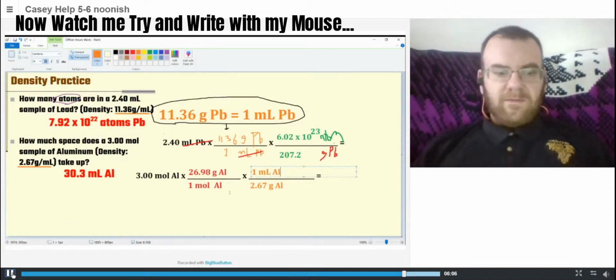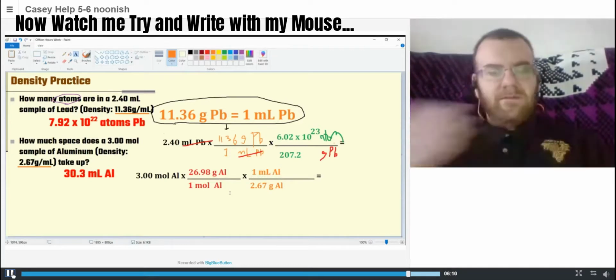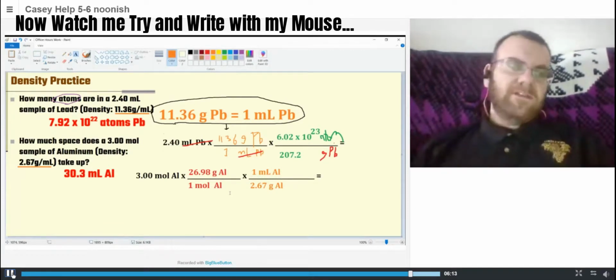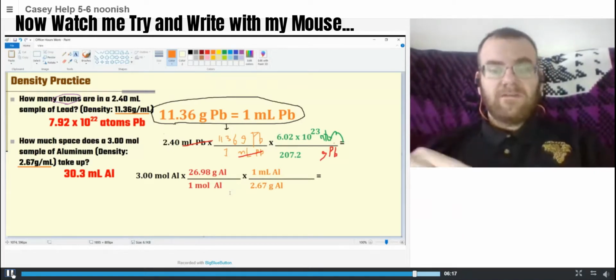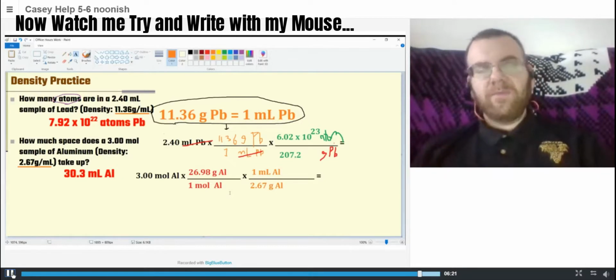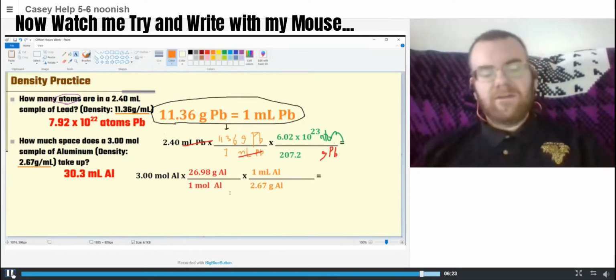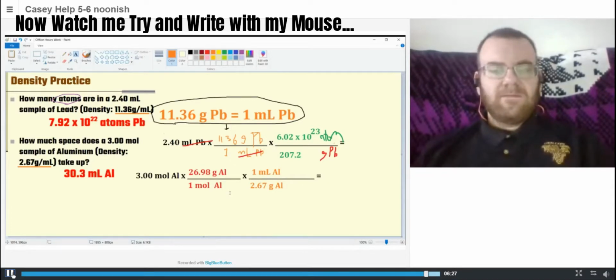Milliliter is volume, volume is space, and there we go. In the first example question, we started with density right away, and then we converted to mole. The second started with mole, and then we converted to density. Great. Whatever the problem asks, that's what you do.